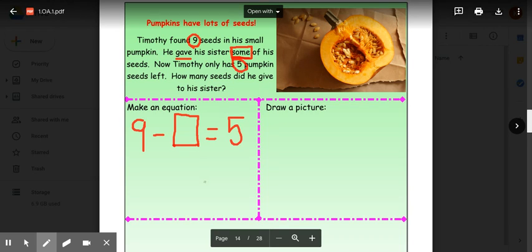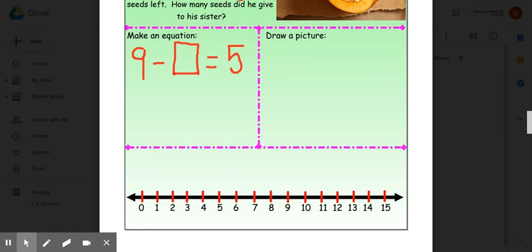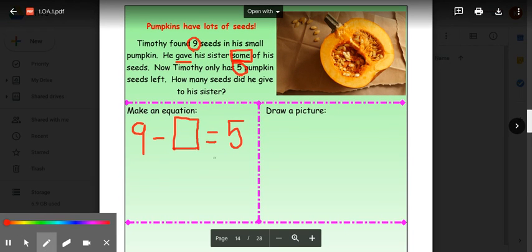There are 2 ways I can solve this equation. I can draw a picture, and I can also use a number line to solve. We're going to do both, but first we're going to draw a picture to solve. I know Timothy starts out with 9 seeds. He gives some away and has 5 left.